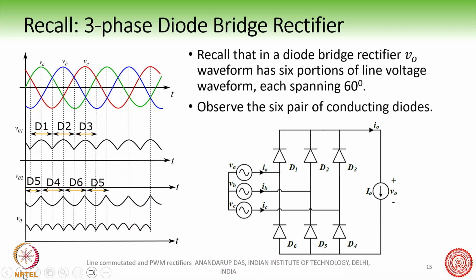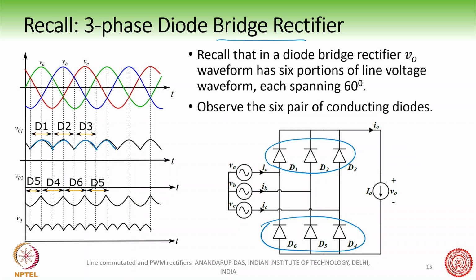And we can just quickly recall what happens in a 3-phase diode bridge rectifier. We thought of this as one group of 3 half-wave rectifiers, and this as another group of 3 half-wave rectifiers. These 3 will trace the maximum envelope.